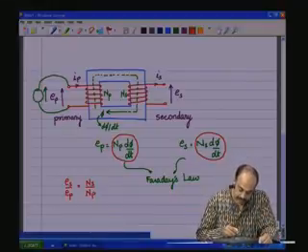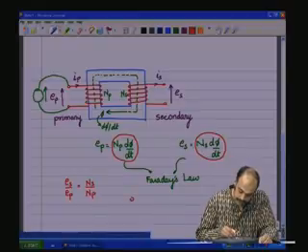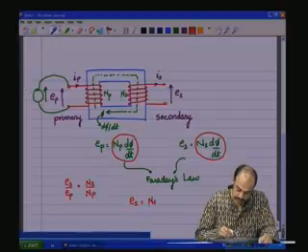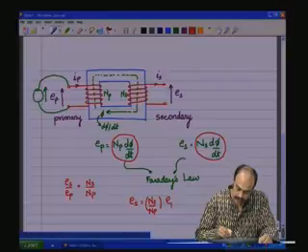So, this means that E secondary is Ns by Np into E primary.